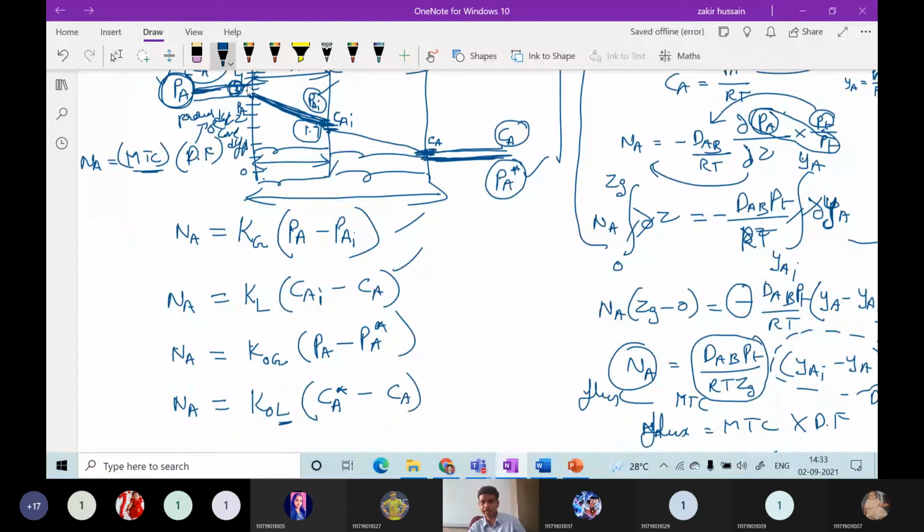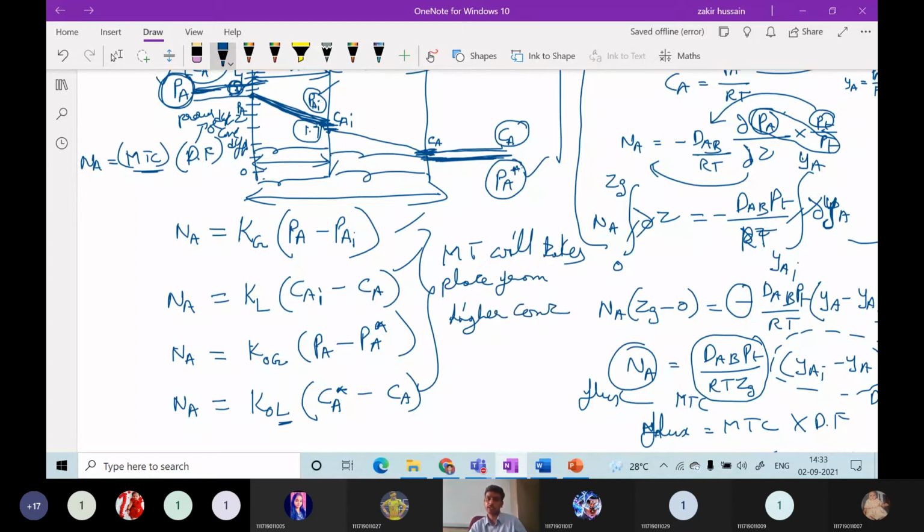The bigger value to the lower value means mass transfer will take place from higher concentration region to lower concentration region, or we can say higher pressure to lower pressure.